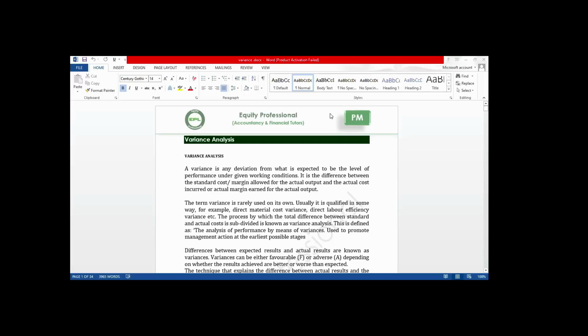Budget can be defined as the monetary value of the company's plan, the monetary value of what the company plans to achieve. At the end of the financial year, you now have your actual results.